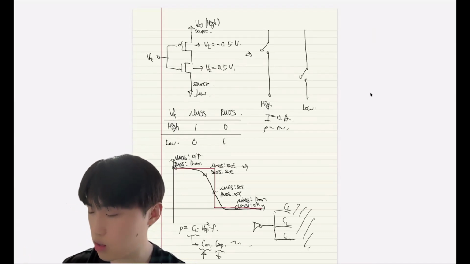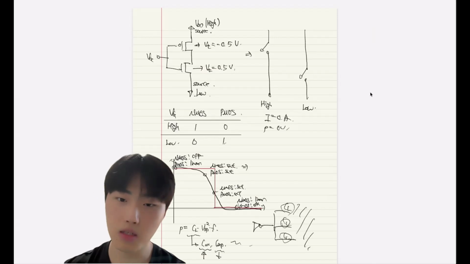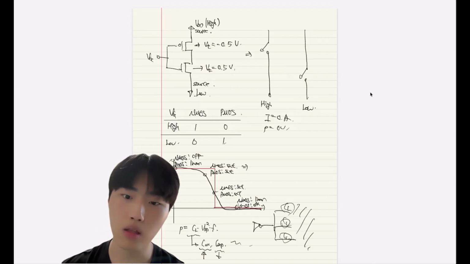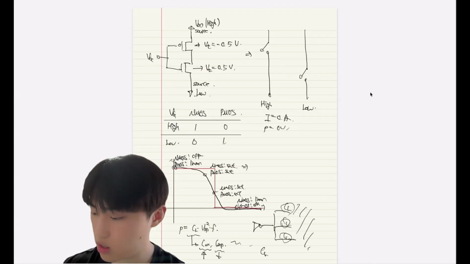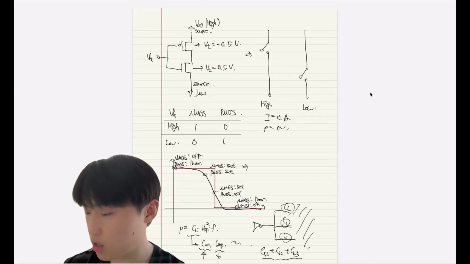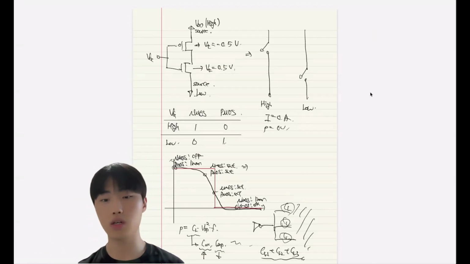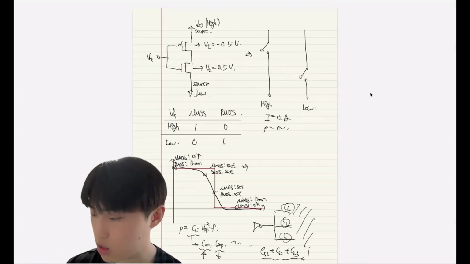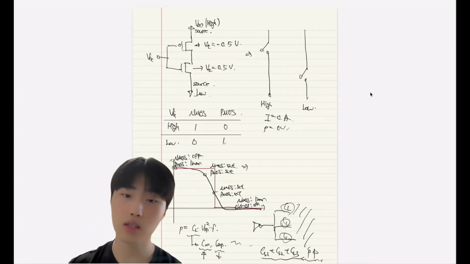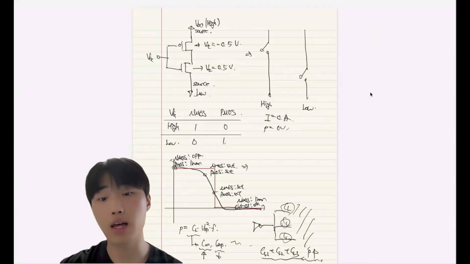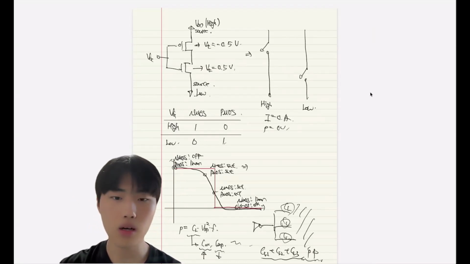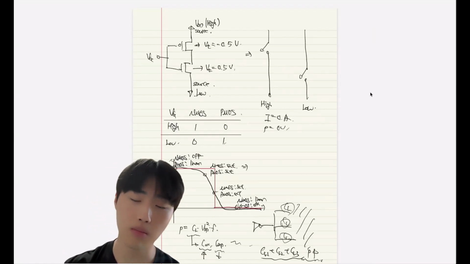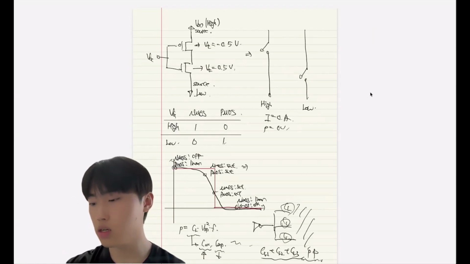When the capacitances are in parallel, we just add them, C_L1, C_L2, and C_L3, an algebraic sum, so the power will get higher. So this is fan out. It is a problem in modern devices.